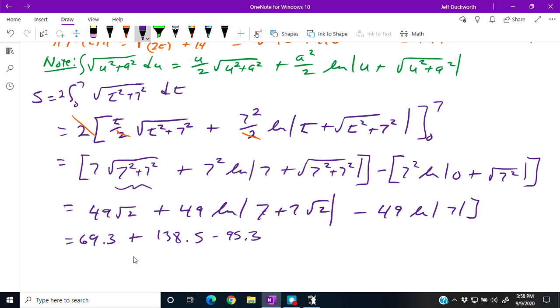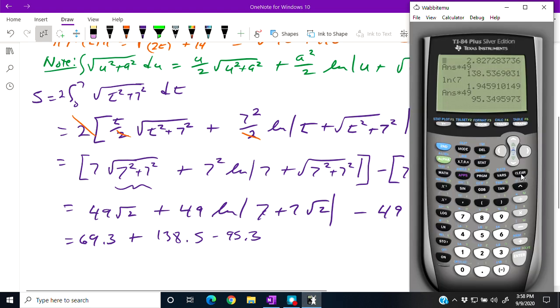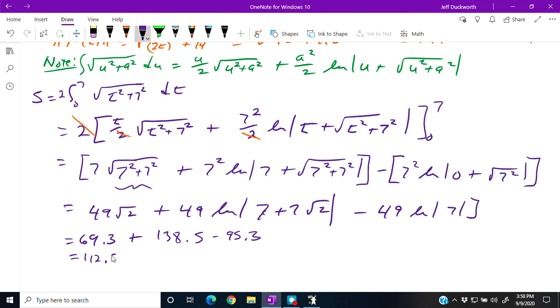And let's just make sure we get this right. Those two, and then subtract another 95.3. About 112 and a half. So, give or take.